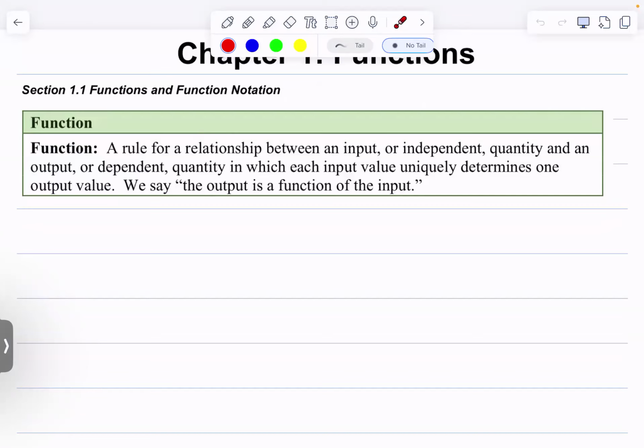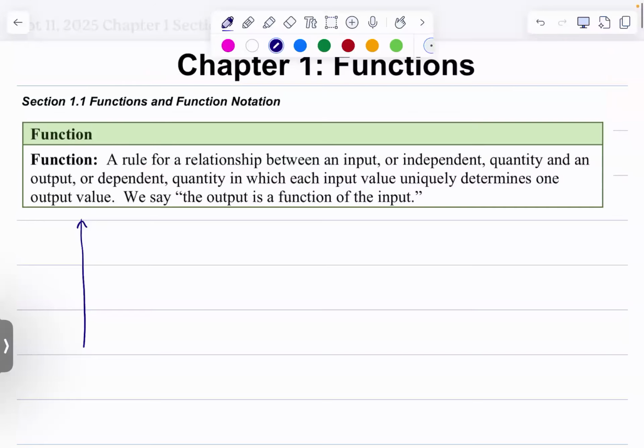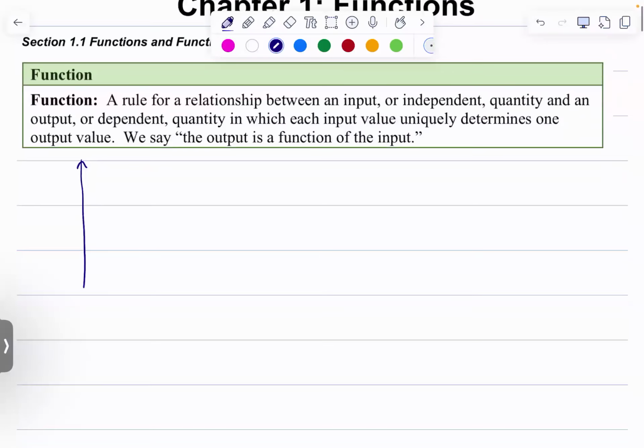A function takes an input and yields an output. Okay? And so if we think about a graph like this, how come my lines are so big? I don't think, no, that's not how I write.